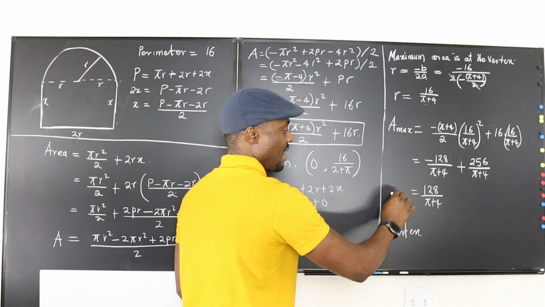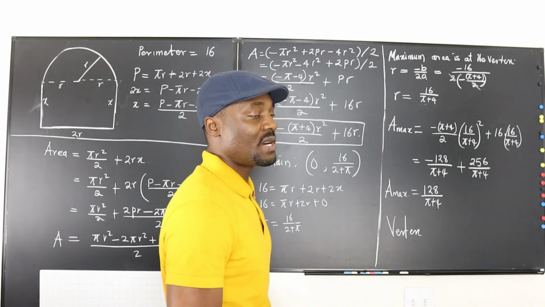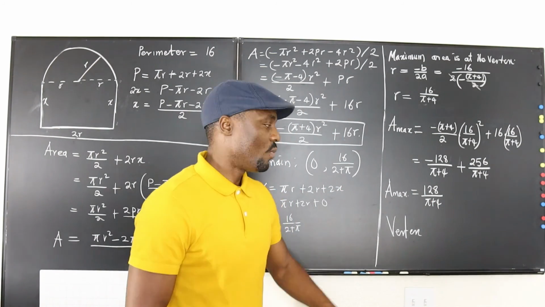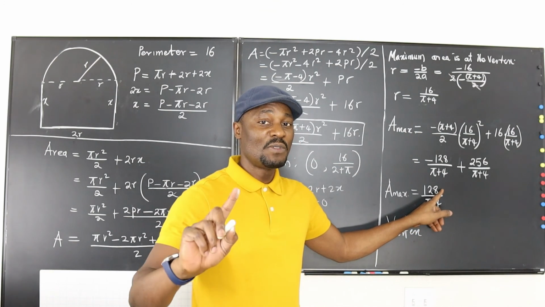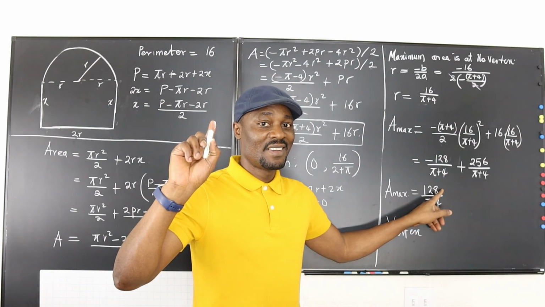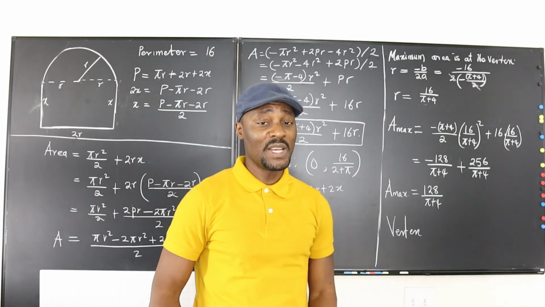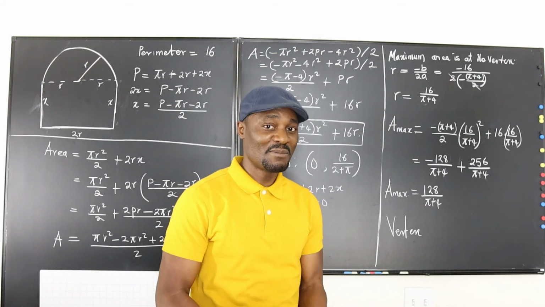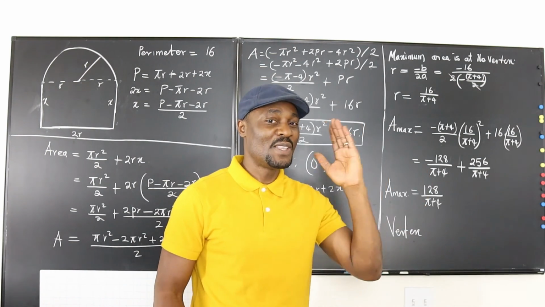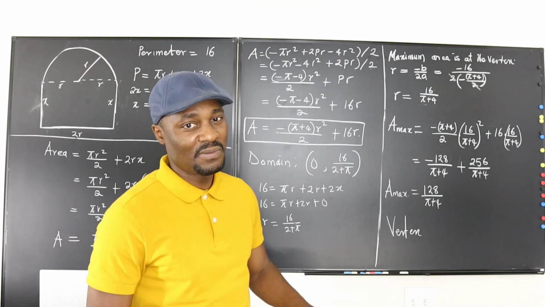So right now, this is the maximum area. Let's just write it. The maximum area is 128 over pi plus 4. You notice what 128 is? It is the square of the perimeter divided by 2. So for all Norman windows, the maximum area is half of the square of the perimeter divided by pi plus 4.